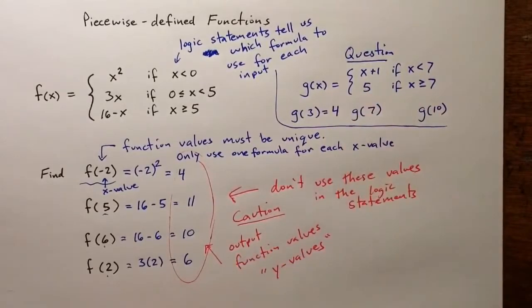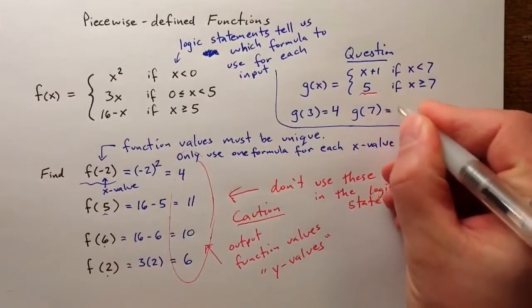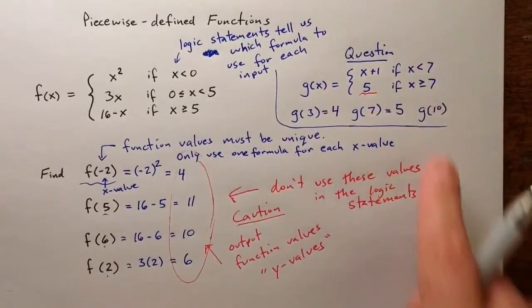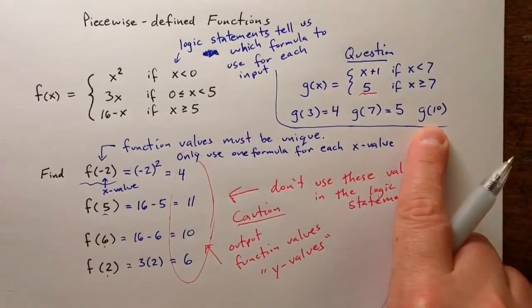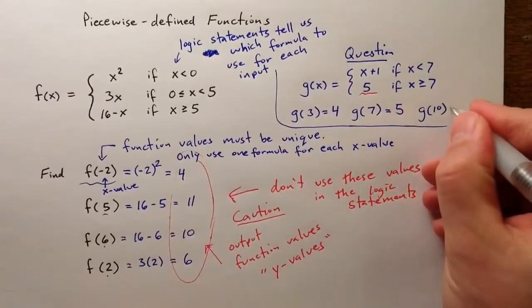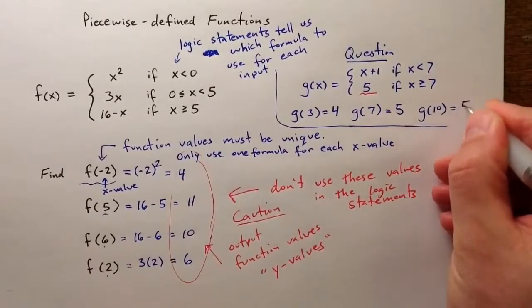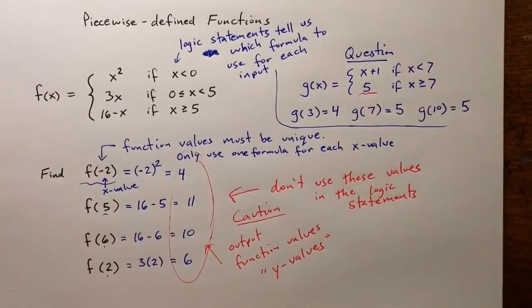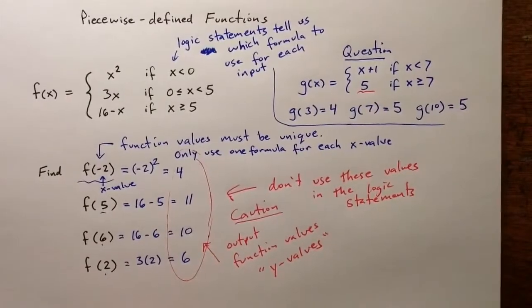This is just saying the function value is constantly 5 for any x value that's bigger than or equal to 7. There's no place to actually plug in the x, so we just get a value of 5. And finally, g of 10: 10 is also greater than or equal to 7, and so I use that second formula, which is constant. The function value is still just 5.